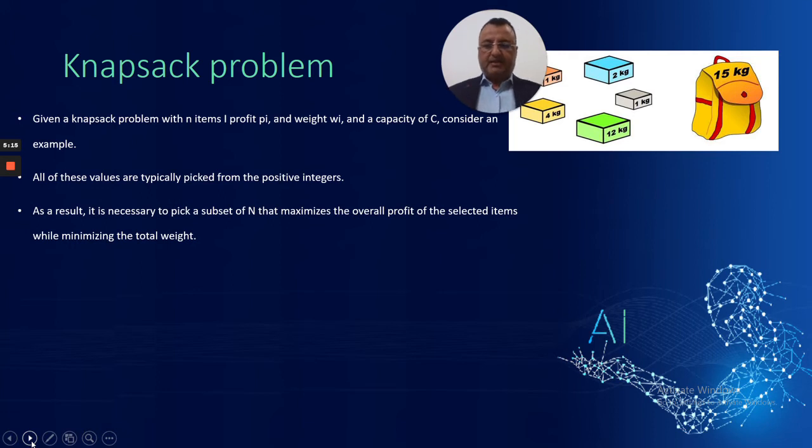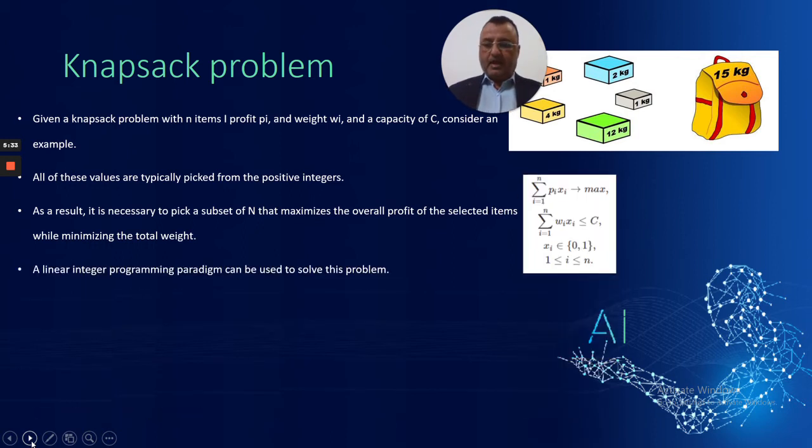As a result, it is necessary to pick a subset of n that maximizes the overall profit of the selected items while minimizing the total weight. A linear integer programming paradigm can be used to solve this problem.